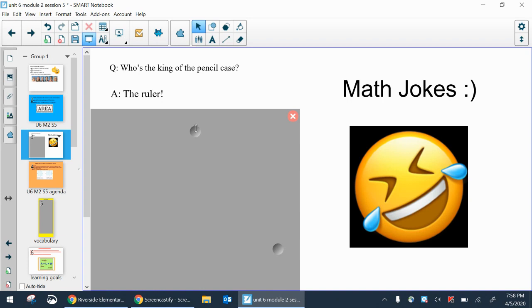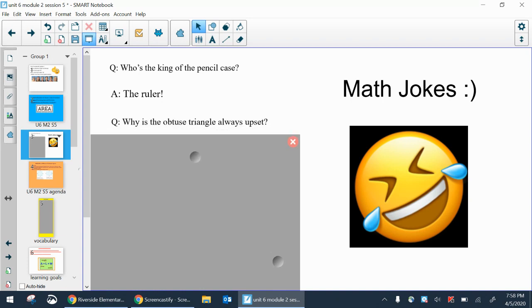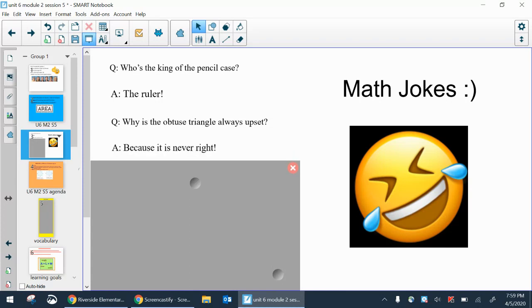Next joke. Why is the obtuse triangle always upset? Any ideas? Well, because it is never right. All right, on to the next joke.